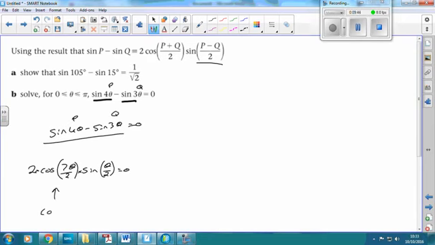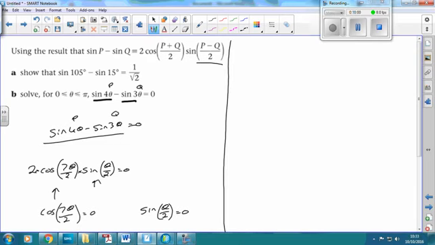We have cos of 7 theta over 2 equals 0. And we set this thing equal to 0. So sine of theta over 2 equals 0. So if we've got cos of 7 theta over 2 equals 0, what I'm going to do is replace 7 theta over 2 with a, so cos a equals 0.